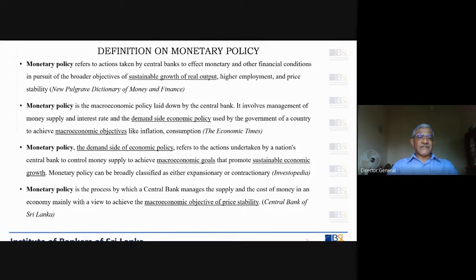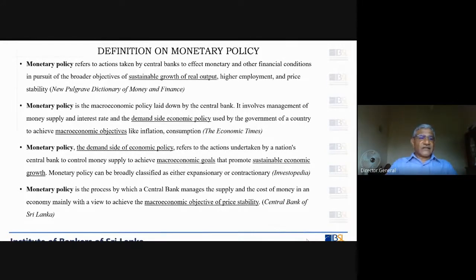Monetary policy refers to actions taken by central banks to affect monetary and other financial conditions in pursuit of broader objectives of sustainable growth of real output, higher employment, and price stability. This is from the New Palgrave Dictionary of Money and Finance. So this is a dictionary definition for monetary policy.